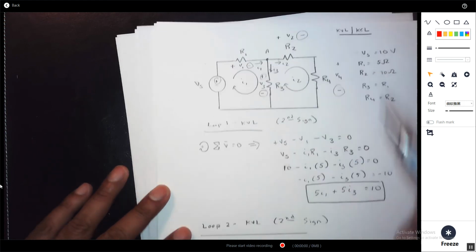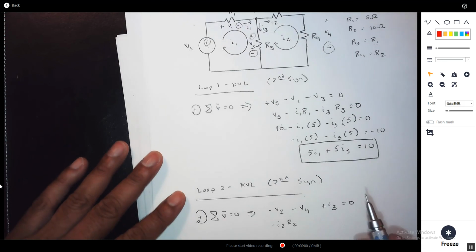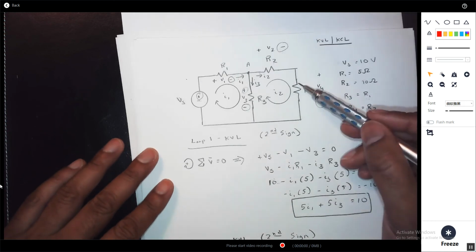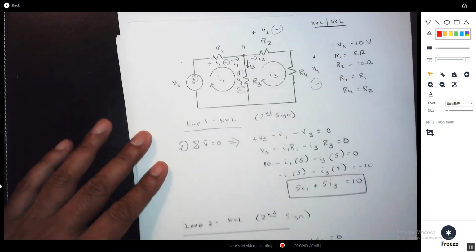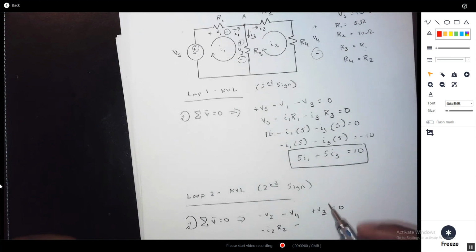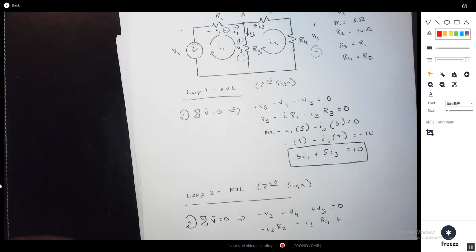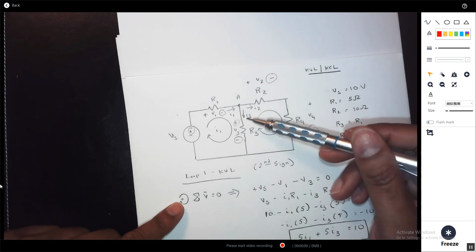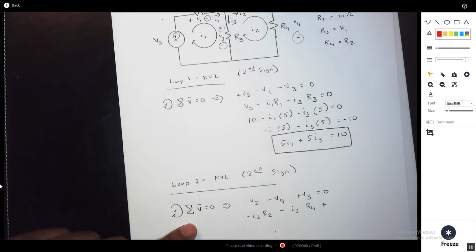Just off the diagram, I write I2 R2 minus I2 runs here over V4, so I2 R4, plus R3 has I3 R3. Okay, so for V3 it's I3 R3 equals 0.